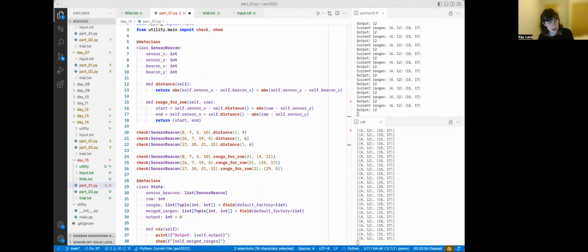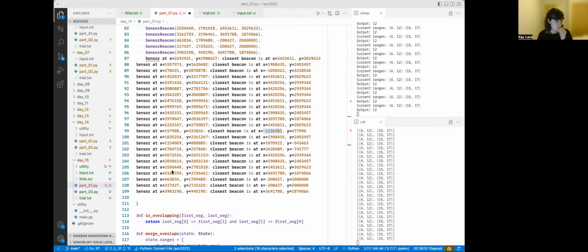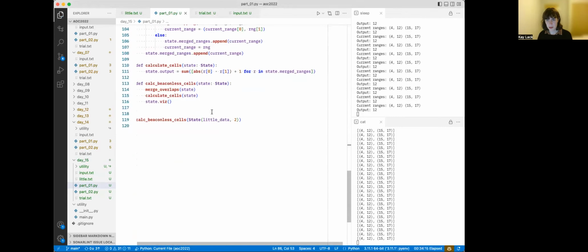There's a situation that is missing. Let's try with the trial data again. Because we do have results for 9 as well. We've got 10, which definitely is 26.